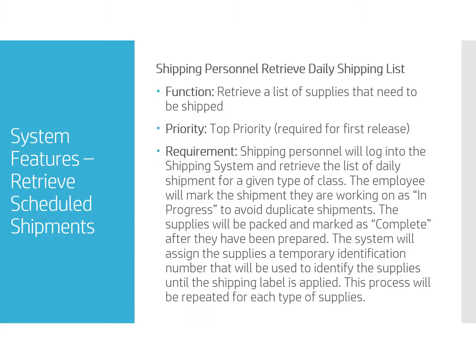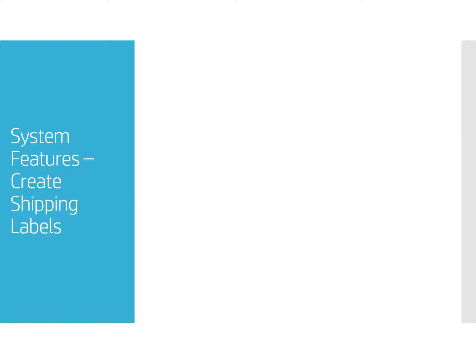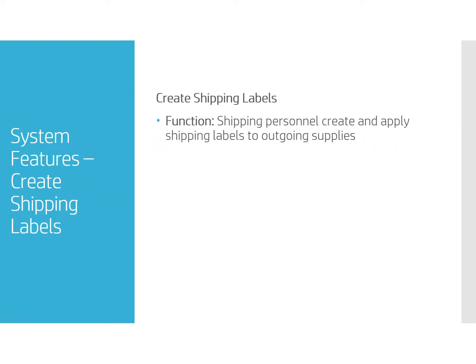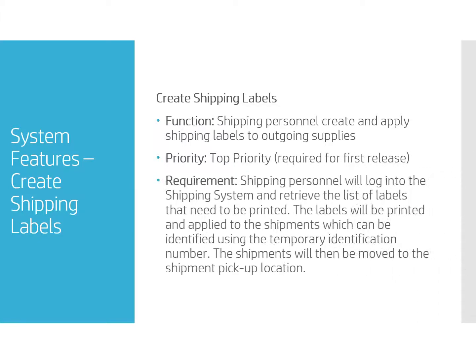They will select a type of supplies to pack and will track the progress of packaging the supplies using toggles in the shipping system to mark supplies as either in progress or complete. The shipping personnel will then need to create shipping labels for all shipments that have been packed, and this will also be facilitated by the system.